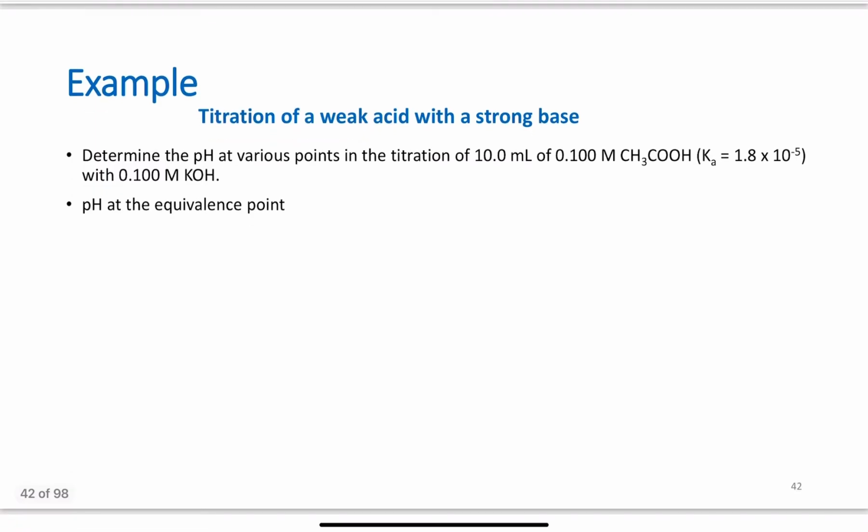What is the pH at the equivalence point? Well, this is a tricky question. It's saying what's the pH at the equivalence point. What it's not telling you is that you need to know the volume needed at the equivalence point. So how much base was needed to actually reach the equivalence point?